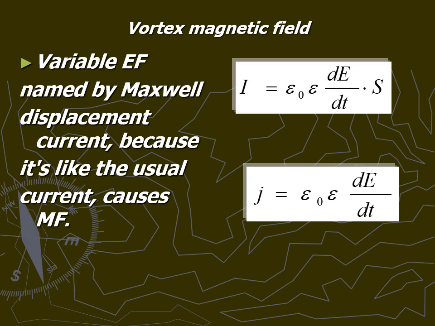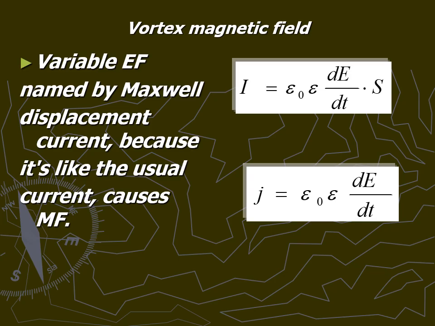Maxwell called this alternating electric field a displacement current. An ordinary current leads to the appearance of a magnetic field. Here we have an alternating electric field that has led to the appearance of a magnetic field. Therefore, just as in the case of current, we call the alternating electric field, which leads to the appearance of a magnetic field, a current, but in this case it is a displacement current.